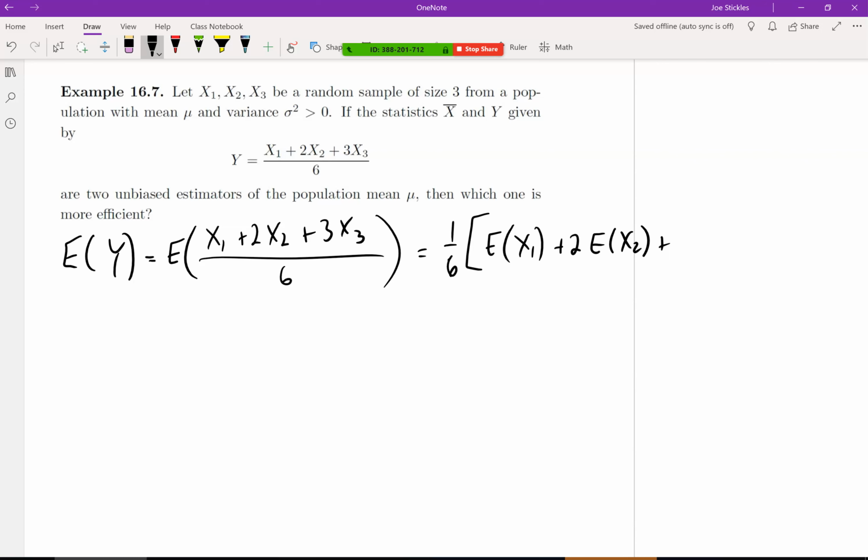And then break up the expected value over the sum. And in those second two terms in the sum, we can pull out the constants as well out of the expected value. So we get that expression. Now each of the x's is coming from the same population, so the expected value of each of the x's is the same as the mean of the population.